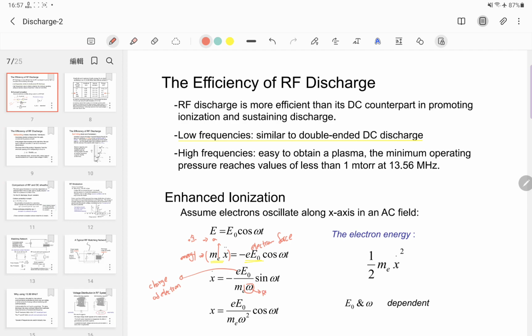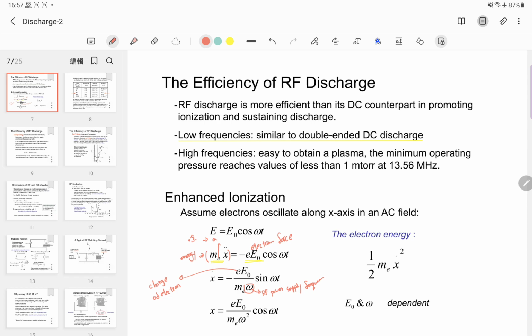And the energy of the electron equals 1/2 m_e V squared. This is the kinetic energy of electrons inside plasma.